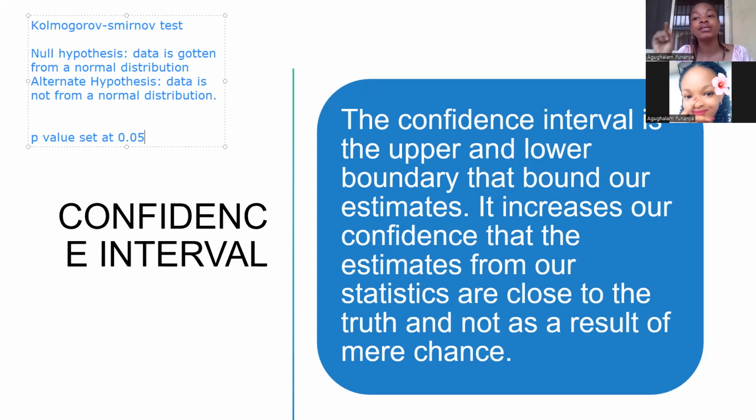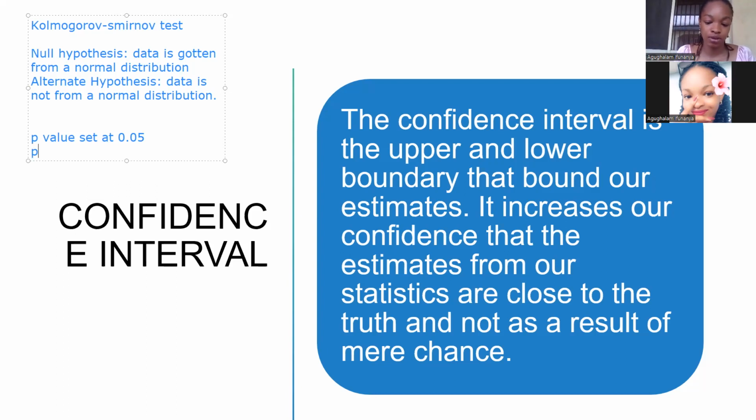And so there is a high likelihood that our sample was from a normal distribution. I repeat, a p-value greater than 0.05 means that the deviations away from the normal distribution are small, so there is a high likelihood that our sample was drawn from a normal distribution.